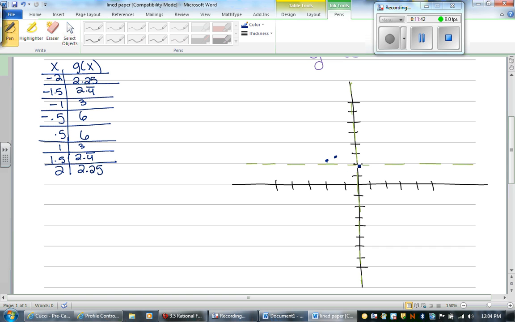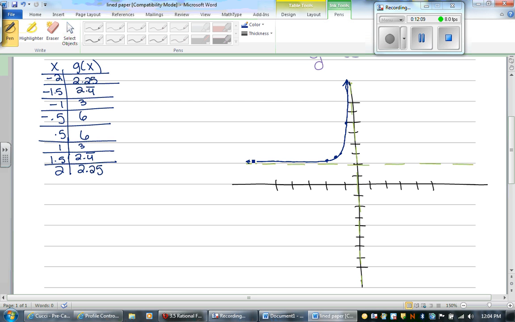It's at 3. -0.5. It's at 6. So now it's spiking up, right? And what winds up happening is it follows along these asymptotes and it gets arbitrarily close, but it never actually touches them. It just kind of rides along them, getting closer and closer without ever really touching.